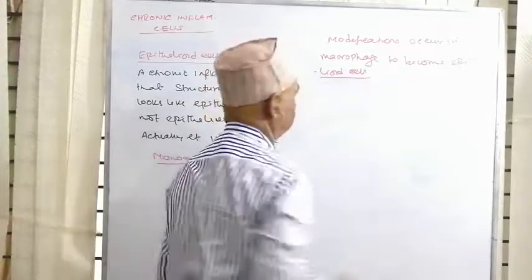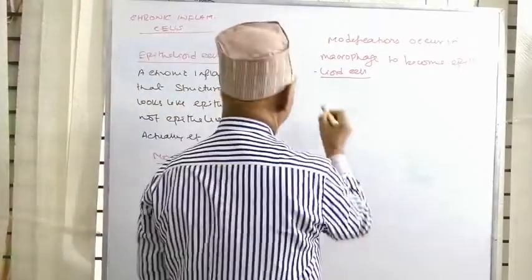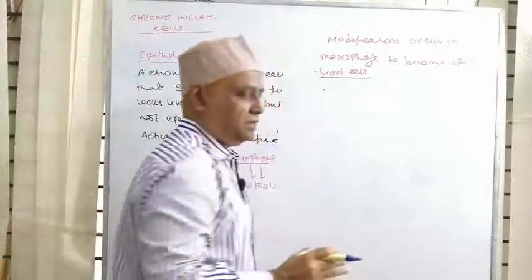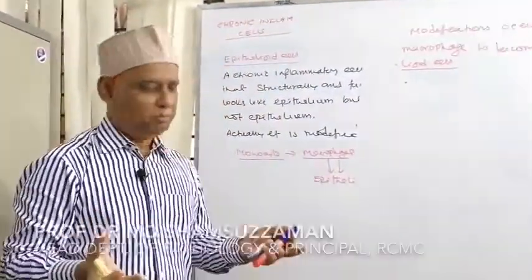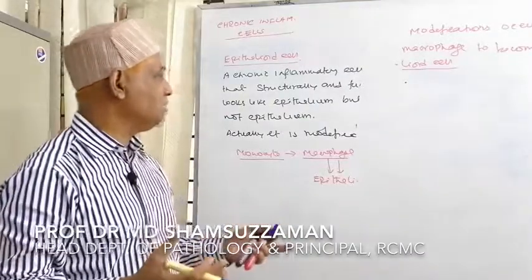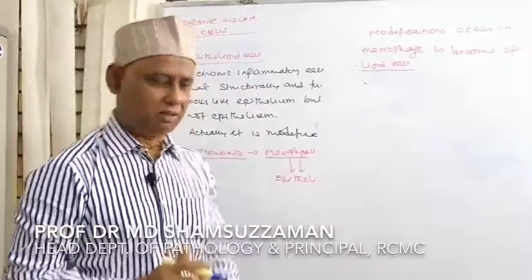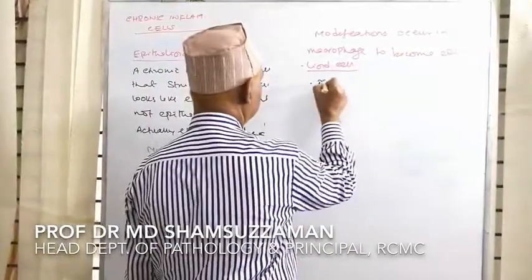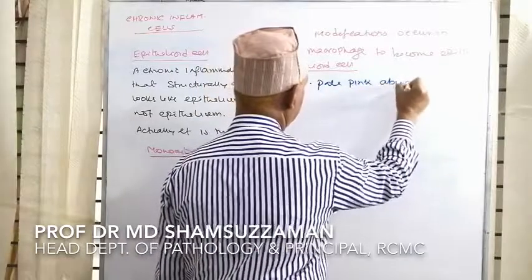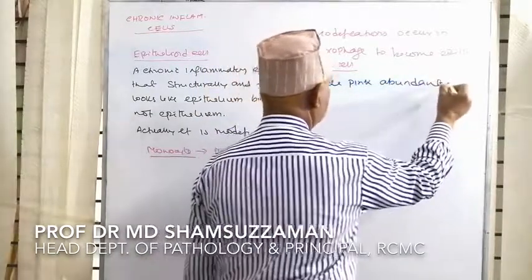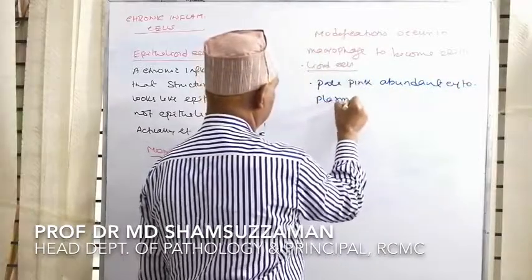What modifications? Number one modification: the cytoplasm that was present in the macrophage becomes abundant, and the cytoplasm within the epithelioid cell becomes pale pink. So pale pink, abundant cytoplasm.